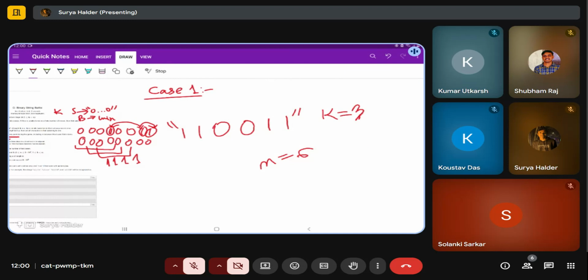In this case, Alice will choose these two 1s and this 1 and convert them into zeros. So 0, 0, 0, and the 1, 1 is remaining. Now Bob will choose a substring like this and convert it into all ones.